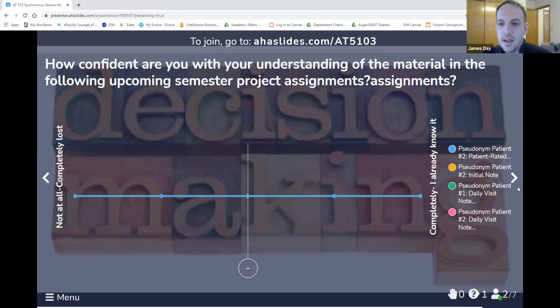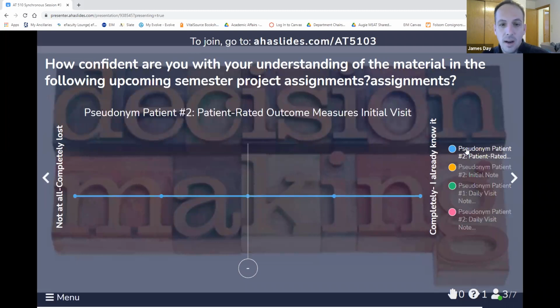So before next time, we have a few assignments again. The nice thing is these are all of the assignments you have to do between now and Tuesday. Like I said, the semester project is slowing down. You have your patient outcome and initial note.